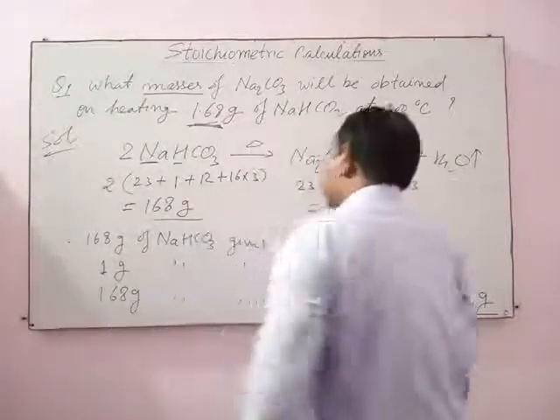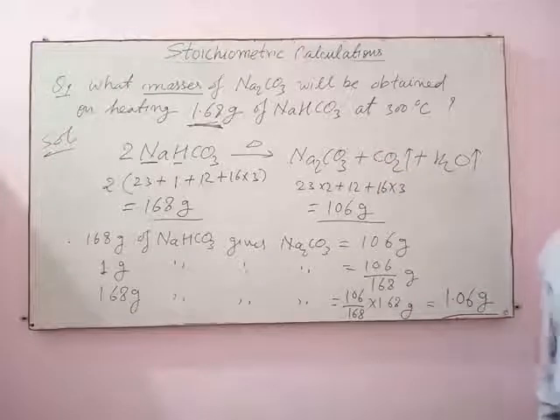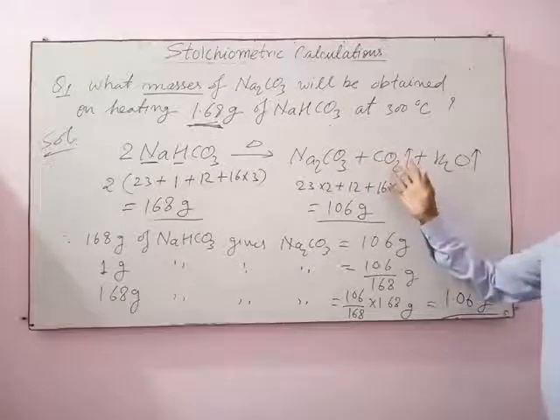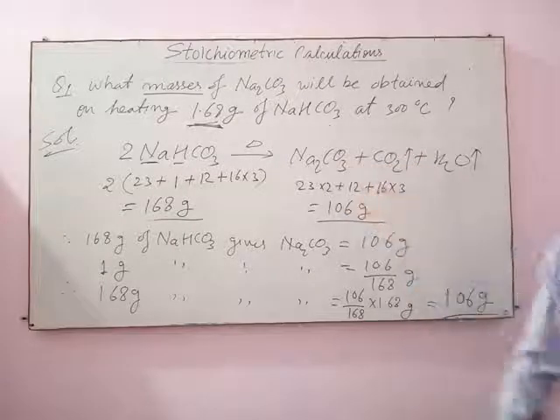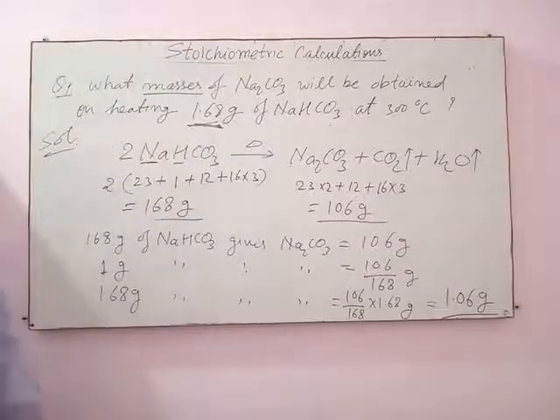If anyone asks about the volume of carbon dioxide at STP, then the volume of carbon dioxide can also be calculated with the help of this equation. And how do you calculate it?